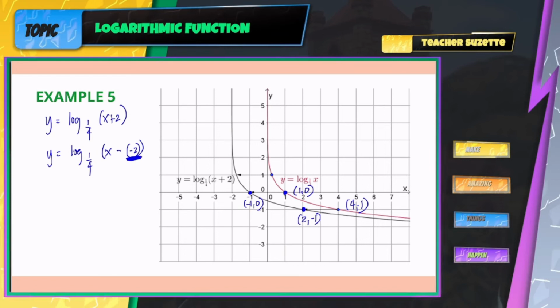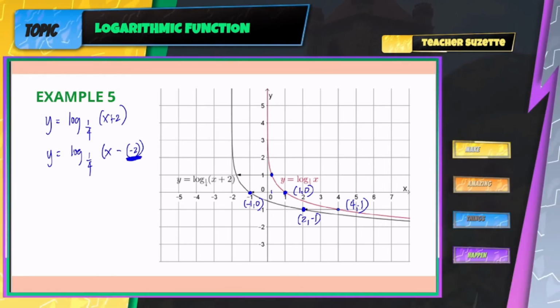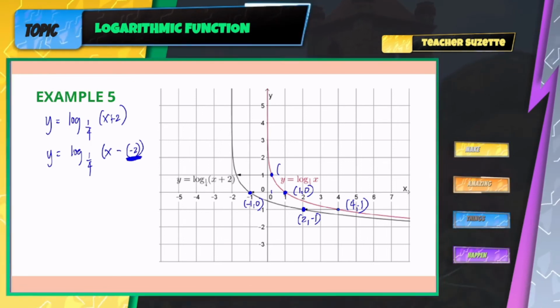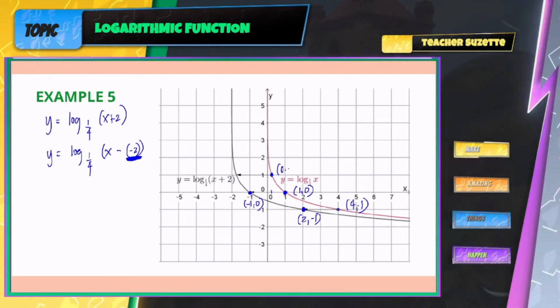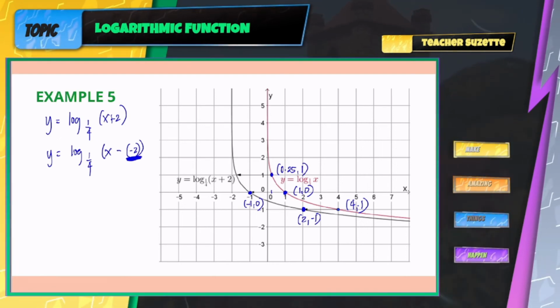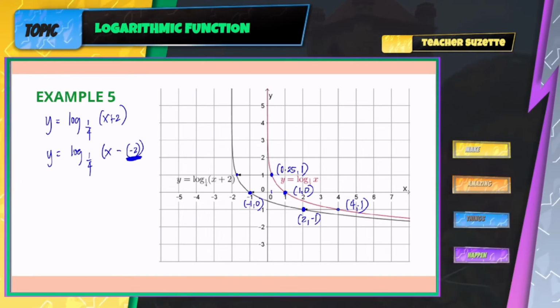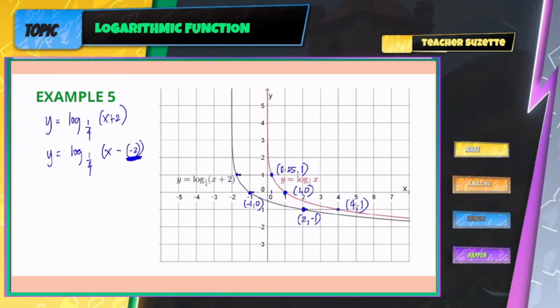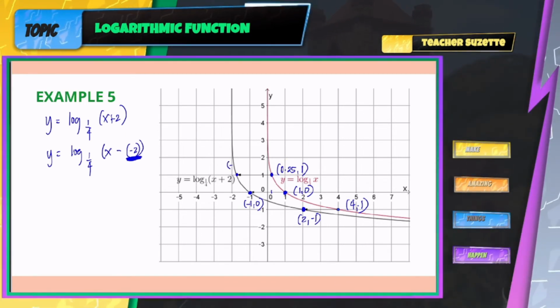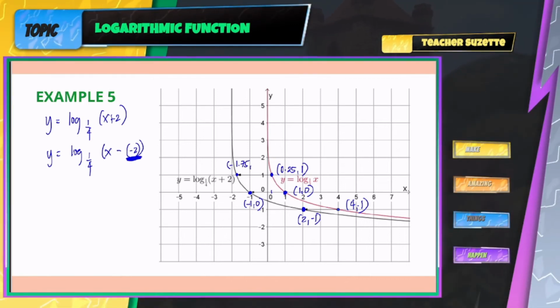Then, we have this point. So, dito yan banda. So, this is point 0.25 or 1/4, comma, 1. Shift horizontally 2 units to the left. So, ito po ay magiging negative 1.75, comma, 1.